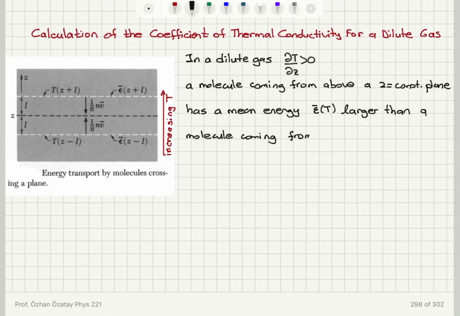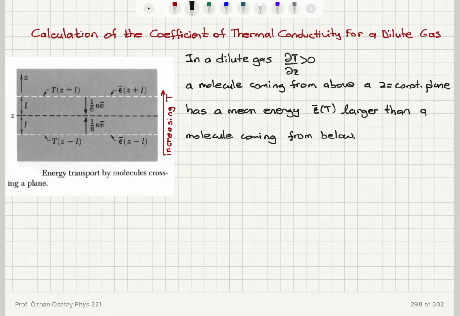So this molecule is coming from below. So because of this energy difference, we will have a net transport of energy across this interface.